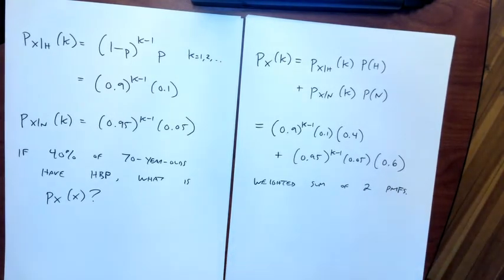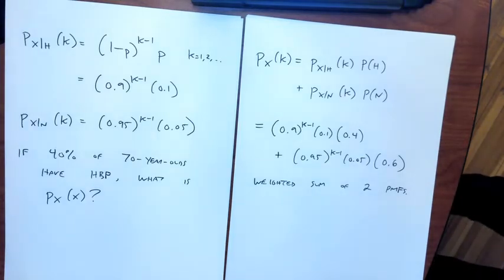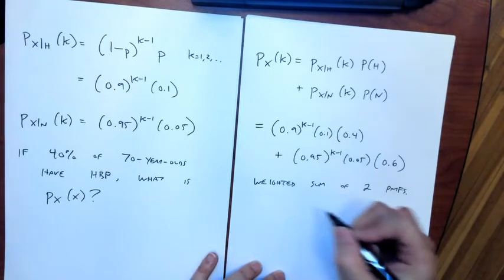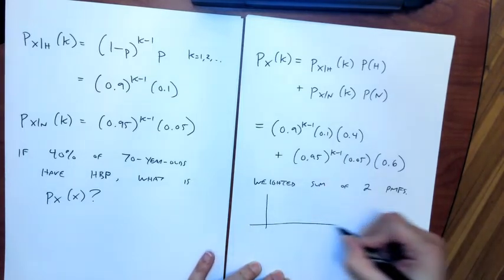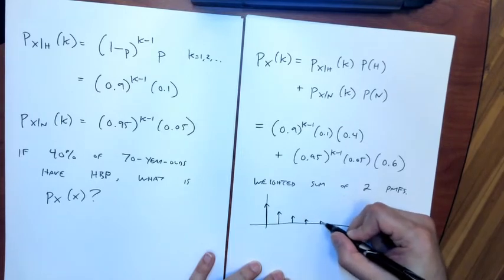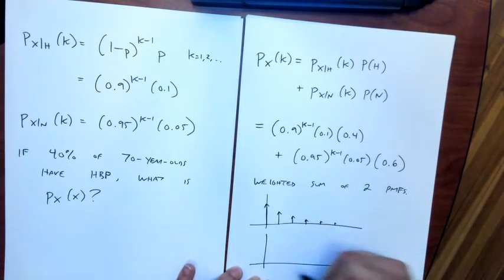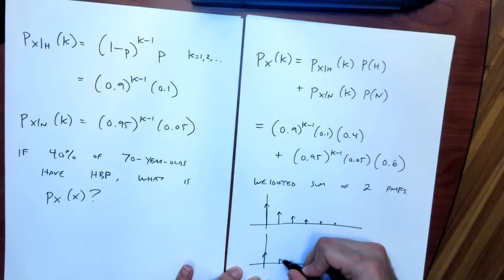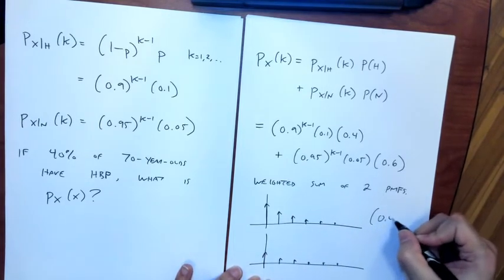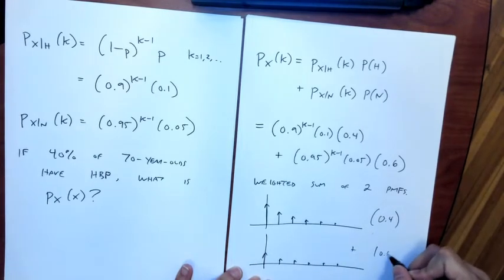Okay? If I wanted to draw it, one geometric PMF looks like this, and another looks a little bit different with different height arrows, and I multiply this by 0.4 and this by 0.6, right?